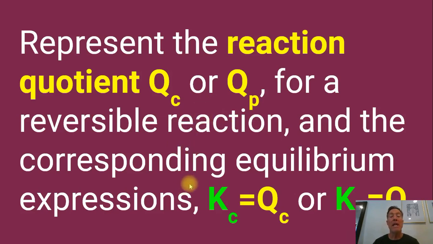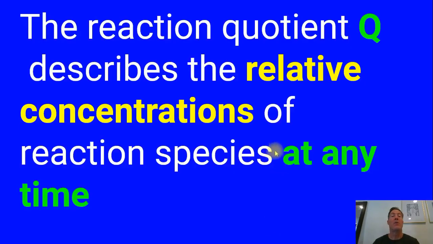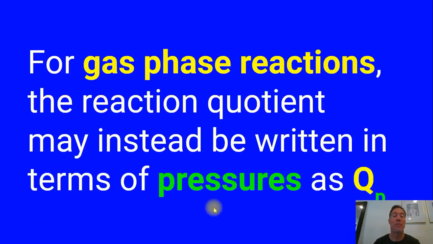So the reaction quotient, Q, describes the relative concentrations of the reactant species at any time, whereas K, remember, describes the concentrations at equilibrium. For gas phase reactions, the reaction quotient can be written in terms of pressures. So instead of Q of concentration, Qc, we would write it as Q of P.